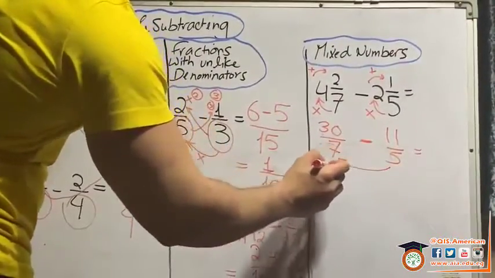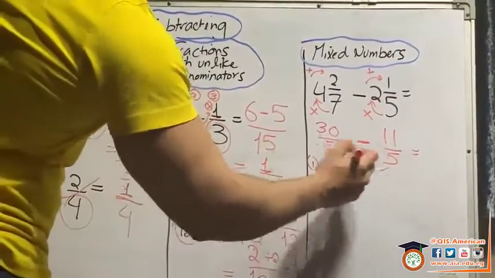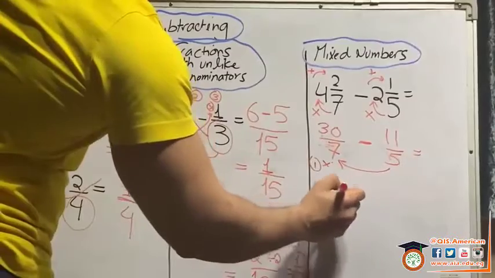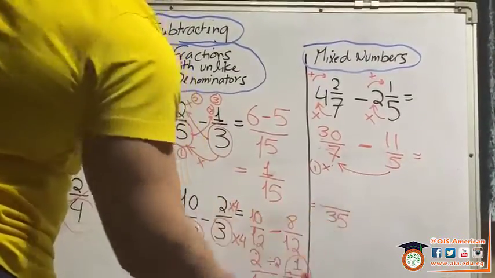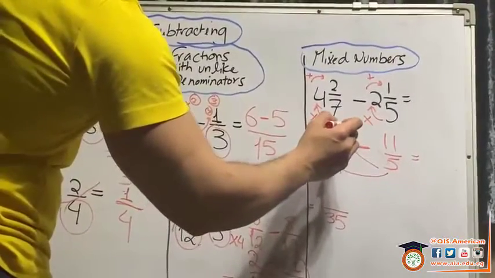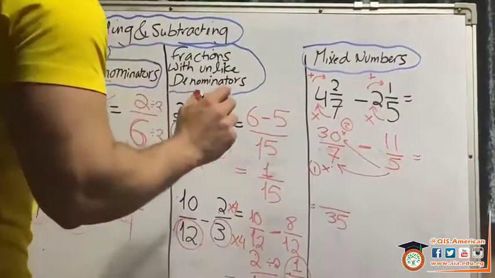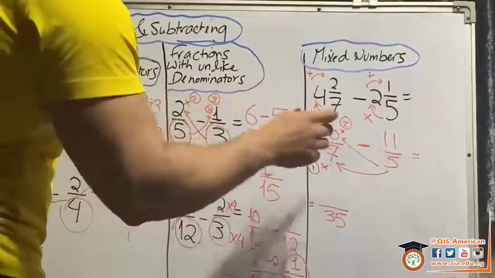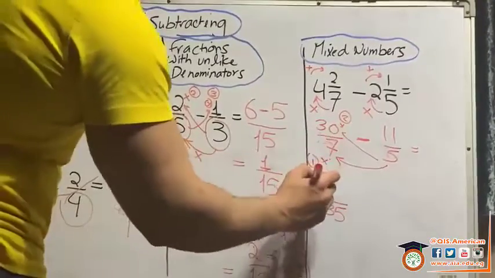So, first step is multiplying the denominators. 5 multiplied by 7 gives me 35. Okay. Now second step, 5 multiplied by 30, which is 5 multiplied by 3, and then I add the 0. Okay? 5 multiplied by 3 is 15. Okay, add the 0, it's 150.